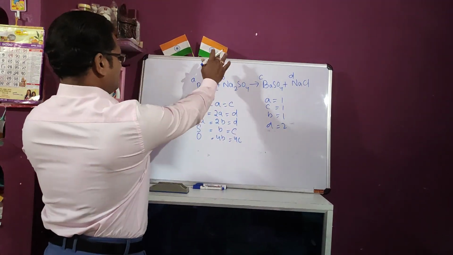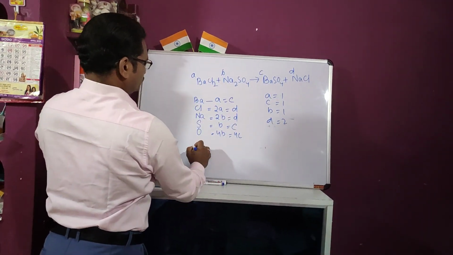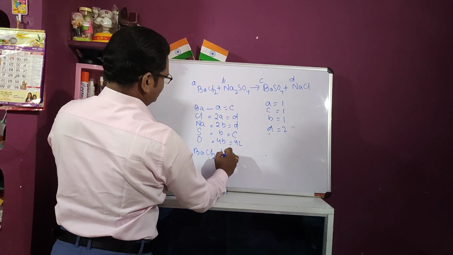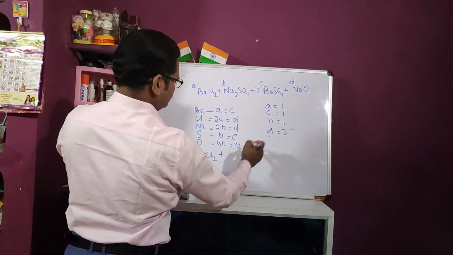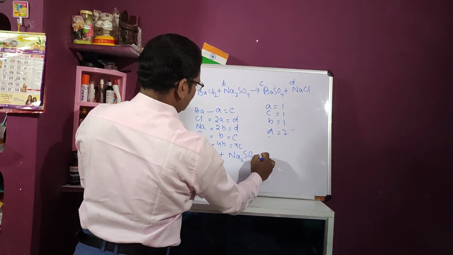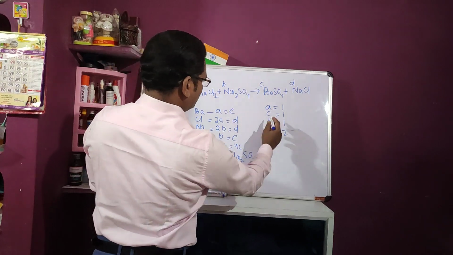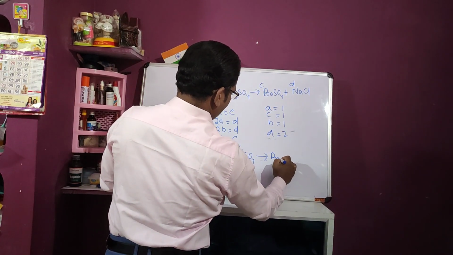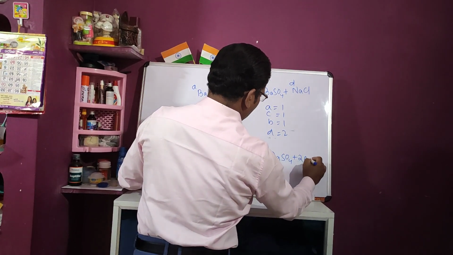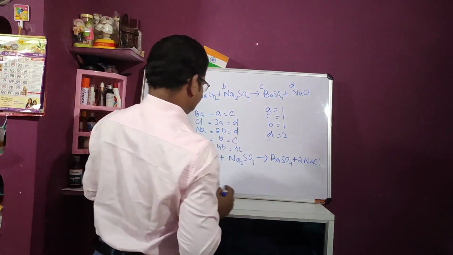Now let's put these values here. A BaCl2, so BaCl2 plus B Na2SO4, B is also 1. So Na2SO4 gives C BaSO4, C is 1. So BaSO4 plus D NaCl, D is 2, so 2NaCl.